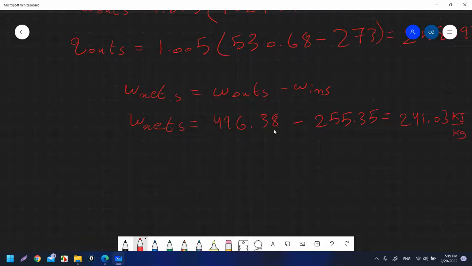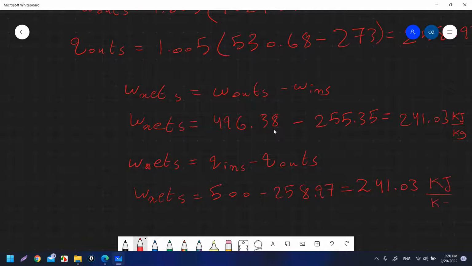What about finding also W net S, but using the equation for the heat transfer, Qn S minus Q out S? This will give you W net S equal to 500 minus 258.97, and it will give you the same number, 241.03. So you are free to use any of these two equations.